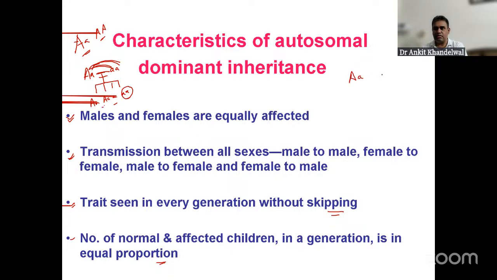The pen doesn't work efficiently sometimes, but I hope you're getting the point. It is double small a. This again is small a. So these two are normal and these two are affected. So the number of normal and affected children in a generation is in equal proportion. That was the last point.